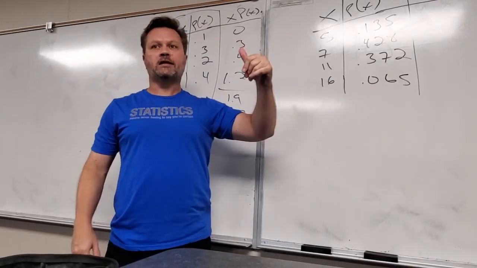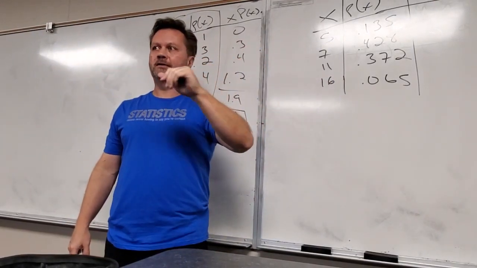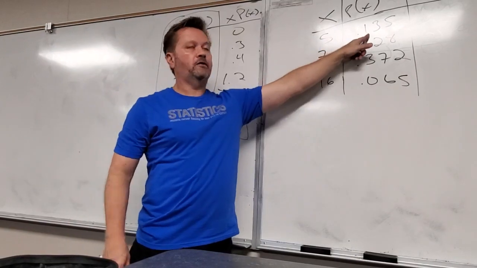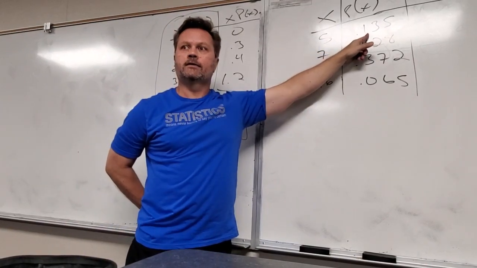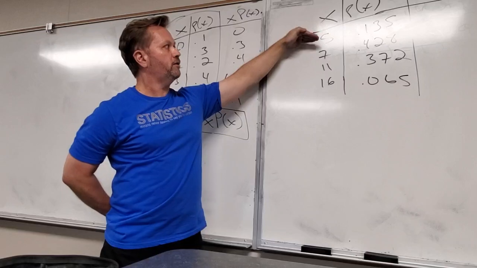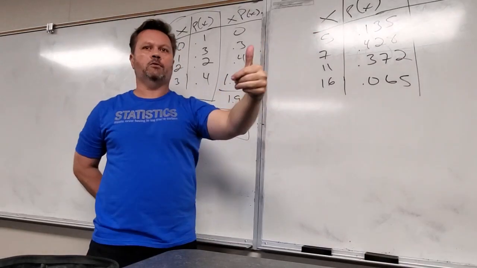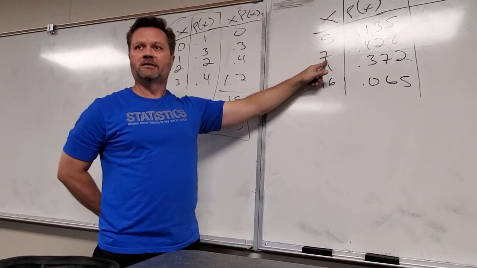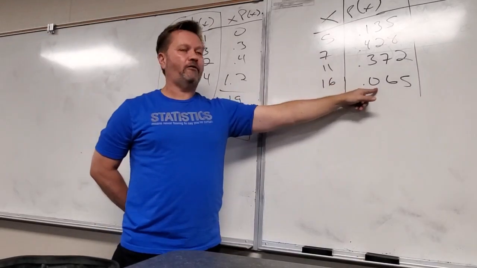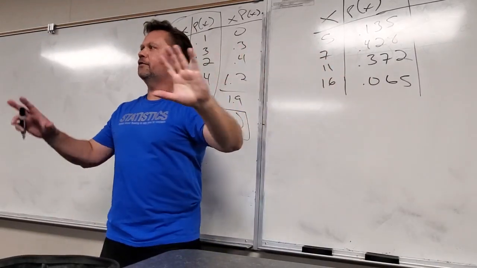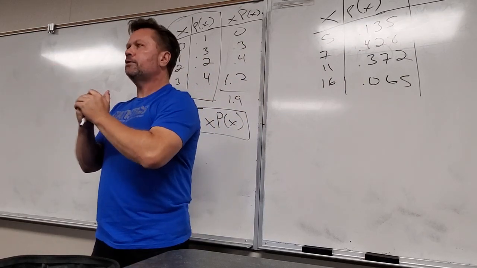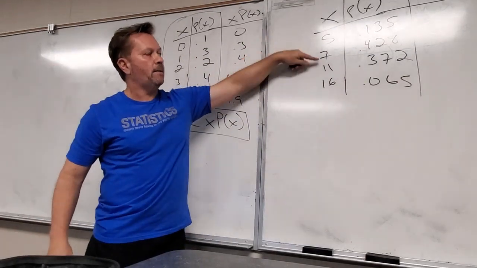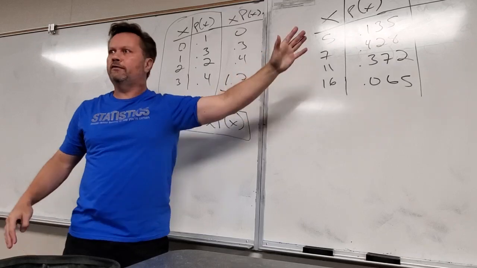If there were 1,000 data points, how many 5s would there be? 135, correct? So if all of these were equally weighted, that would work. But 5 is nowhere near as heavy as 7. And 16 is definitely pretty light. I don't know if you guys see what I'm saying. So you cannot just add these up because that's assuming there's one of each.